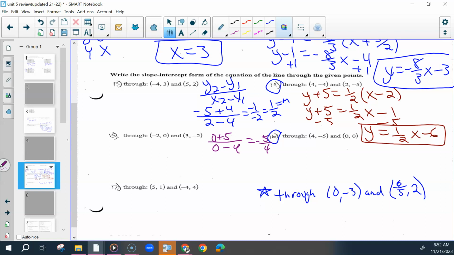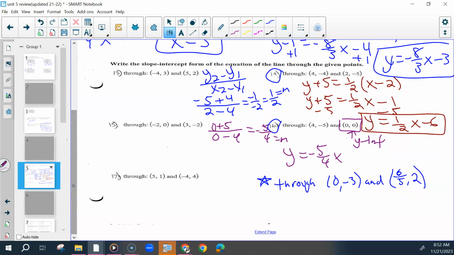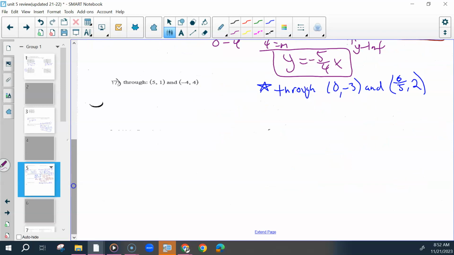That's your M. Now, you could do the same work, but we are given our y-intercept, so we don't have to do that. Because we're given our y-intercept and now we have our slope, we can just write our equation. Y equals -5/4 x or plus 0. Questions on that one?